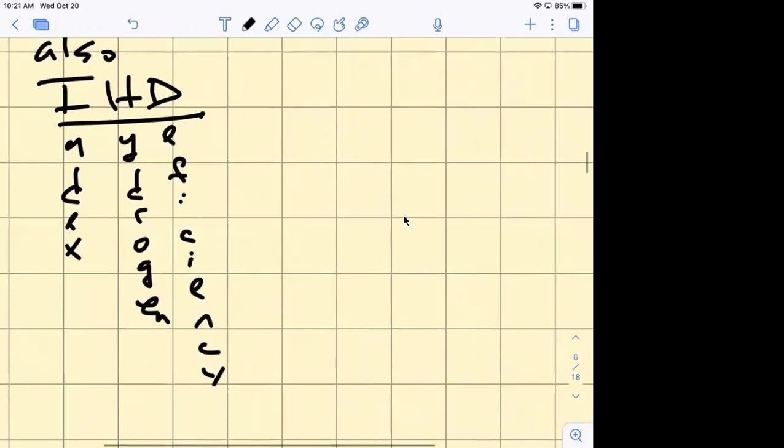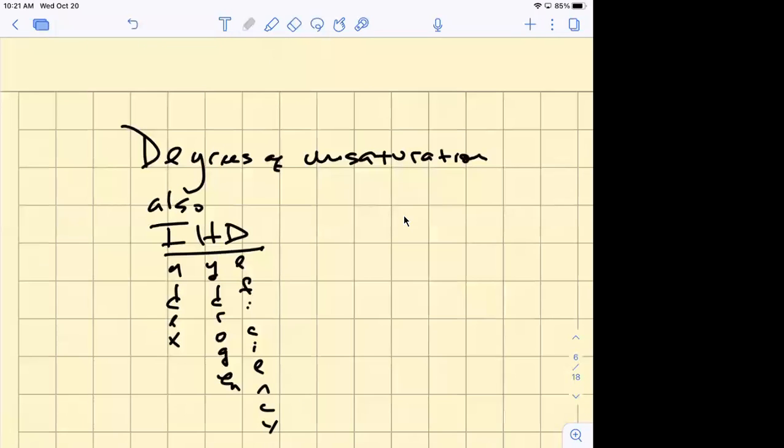When you talk about something being unsaturated, what you're talking about is the presence of pi bonds, right?